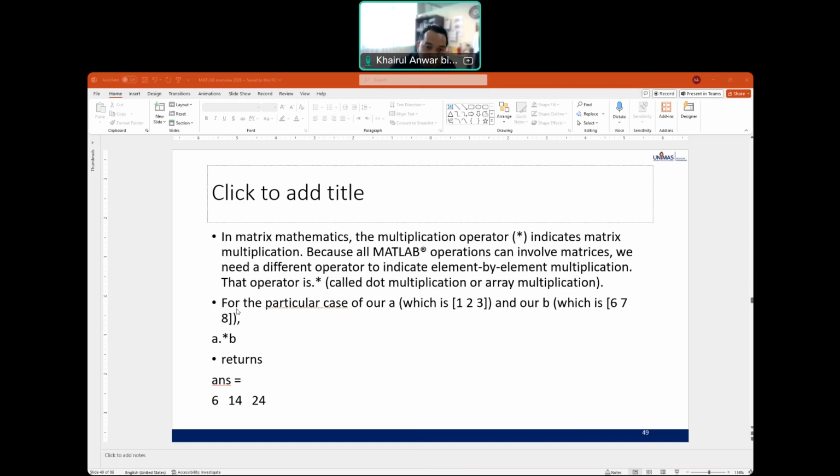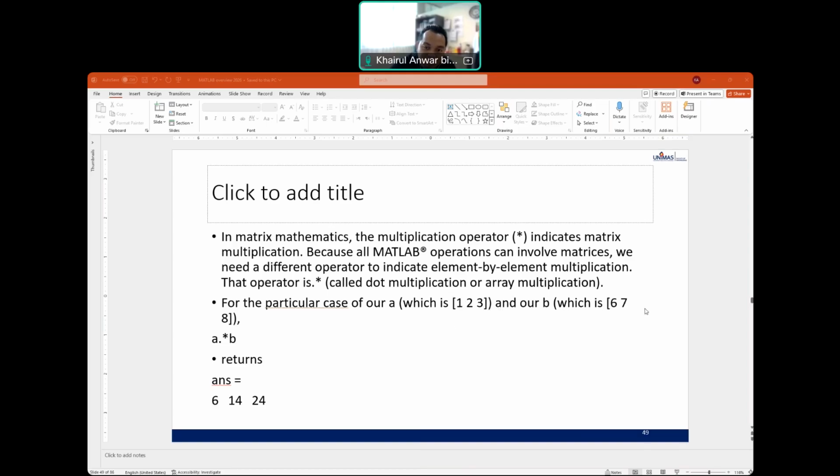For the particular case of our A, which is 1, 2, 3, and our B, which is 6, 7, and 8, to multiply element by element, you see A has 3 elements, B has 3 as well.